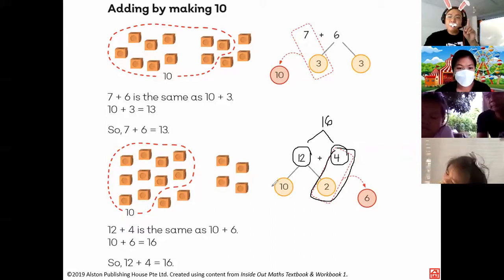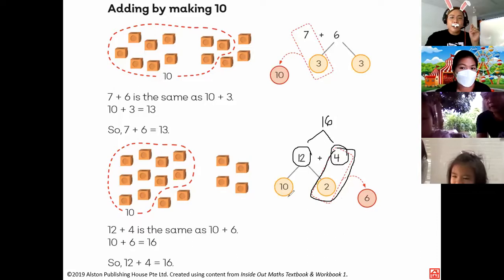Again, we have to find numbers where we can make 12. Those numbers are 10 and 2. So 10 and 2 make 12. On the other hand, we have to find numbers that will make 6. So we have 4 and 2 that makes 6.